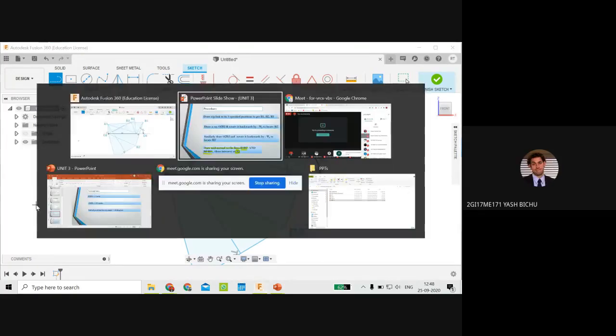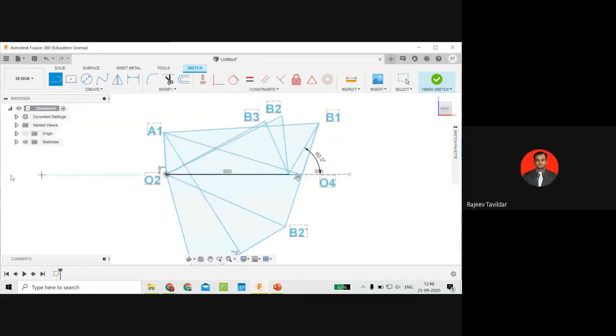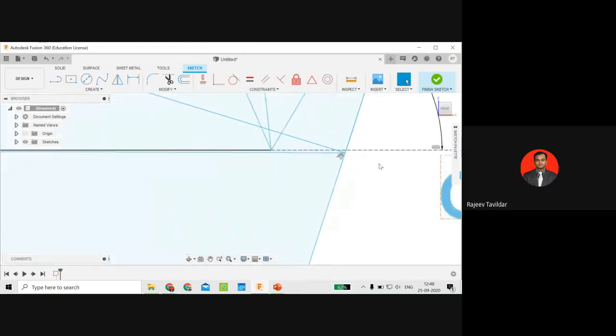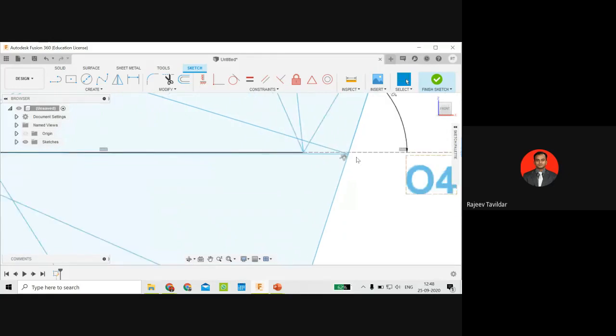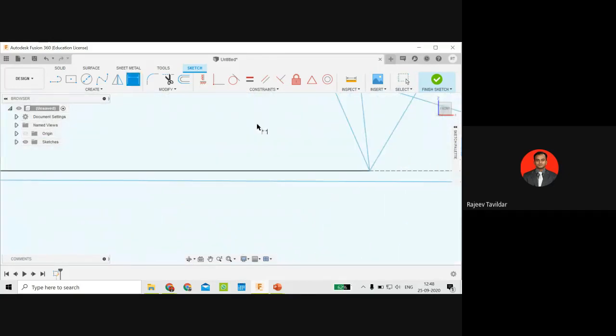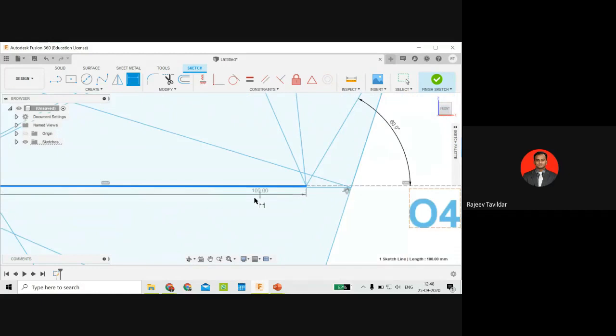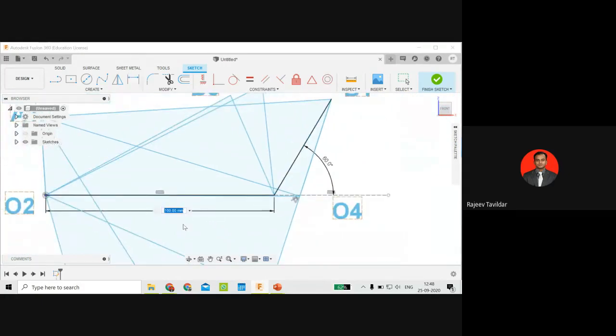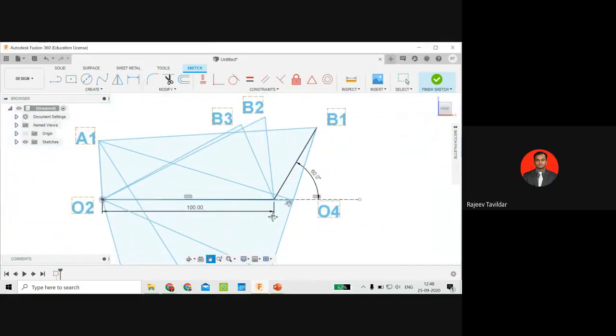Sir, please tell the link lengths answer. Okay. This 1 unit was equal to 100, and 0.5 unit was equal to 50 mm. Sir, is it 0.36?